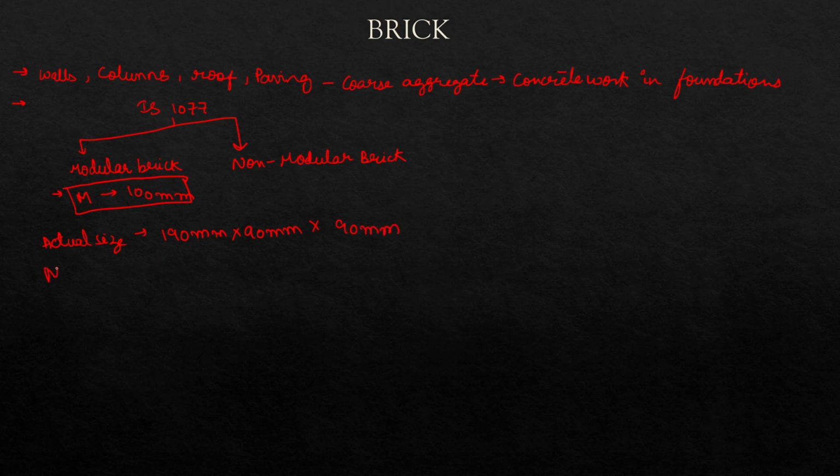But the nominal size which we get is 200 mm into 100 mm into 100 mm, that is 2M into 1M into 1M, length into breadth into height. So this is about modular brick.